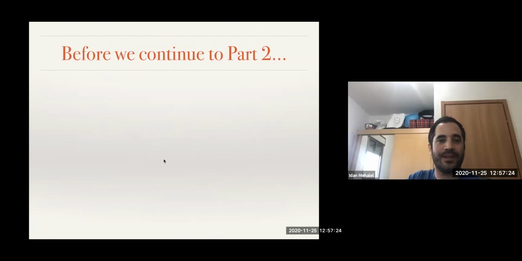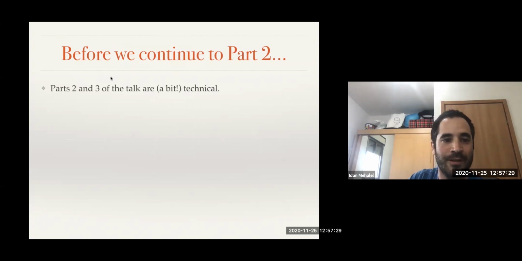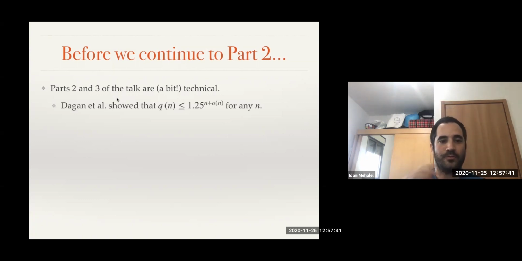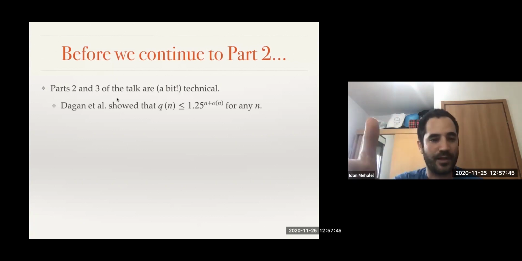Okay, so just before we continue to part 2 of the talk, I just want to say that the next 2 parts are a bit technical, so I want to go over what we're going to talk about in those parts. Again, Gantel showed that Q of n is at most 1.25 to the n for any n.